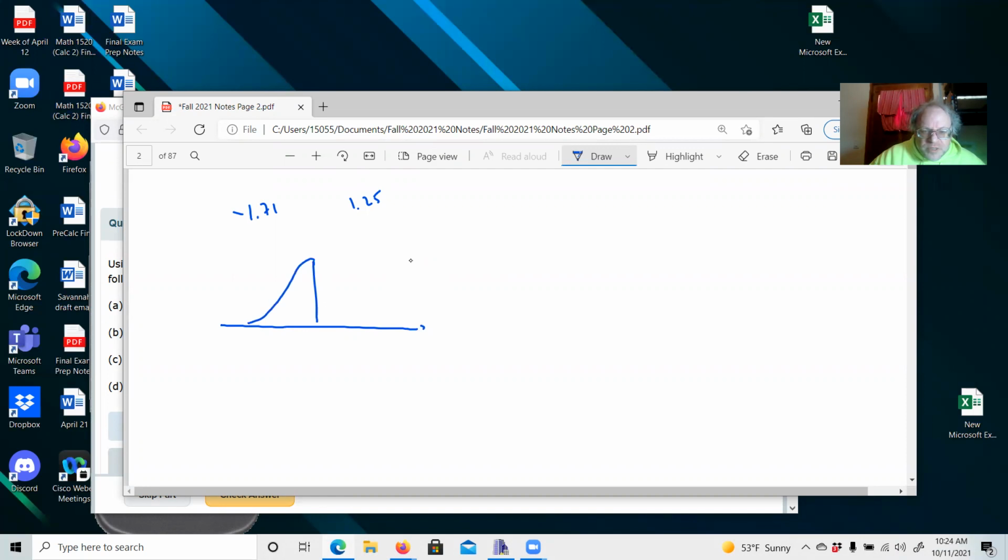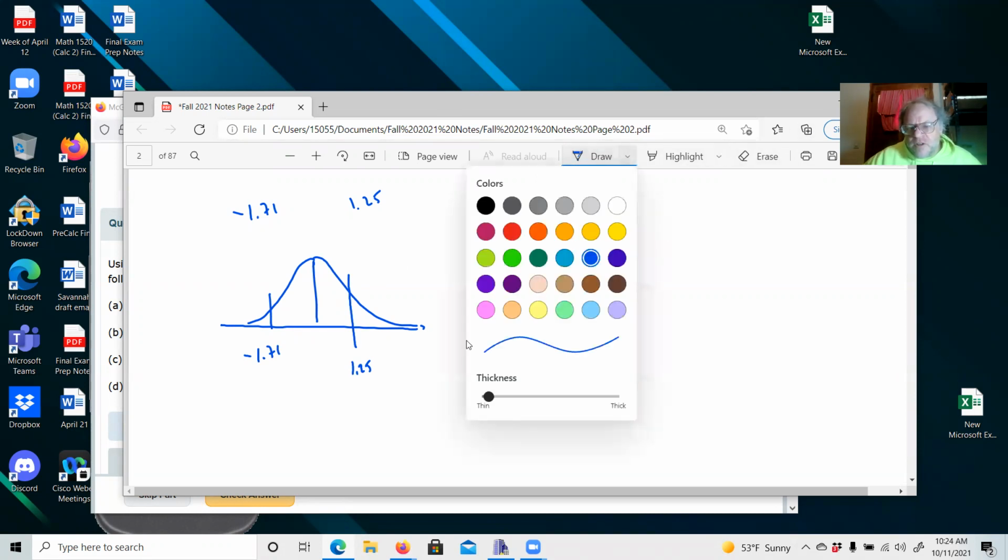So here's our normal distribution. All right. So we're looking at about negative 1.71 here and about 1.25 here. Okay, it's a mnemonic device. We're not trying to get real precise with our drawing here.